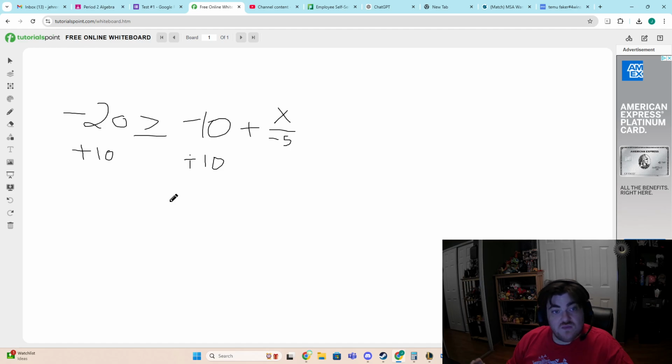No, we did not. The special rule was if we multiply or divide by a negative number, we flip the sign. So let's keep going. So it's negative 10 bigger than or equal to x over negative 5.